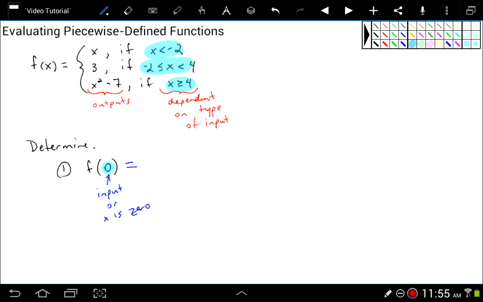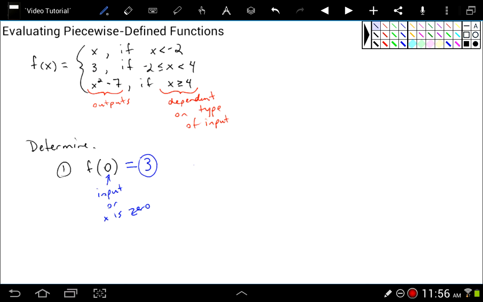Well, the input is 0. 0 is not less than -2, so I'm not going to use that. 0 is between -2 and 4. So my output is going to be this. So f of 0 equals output of 3.